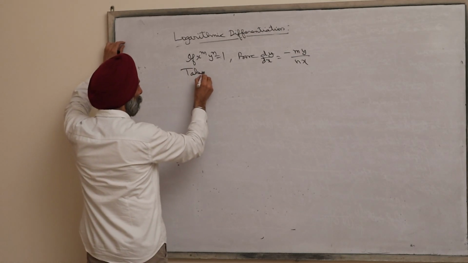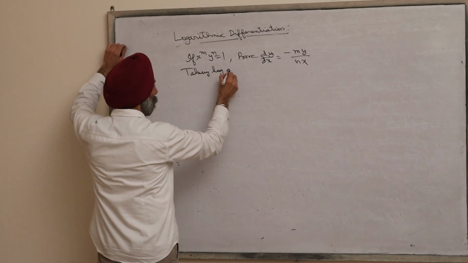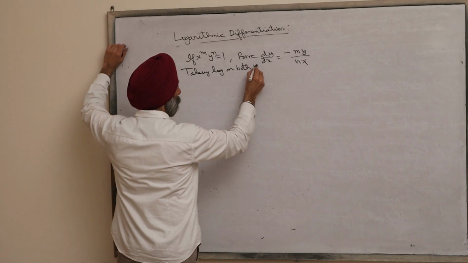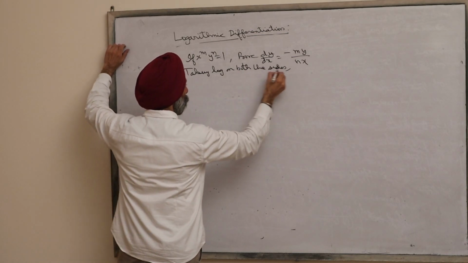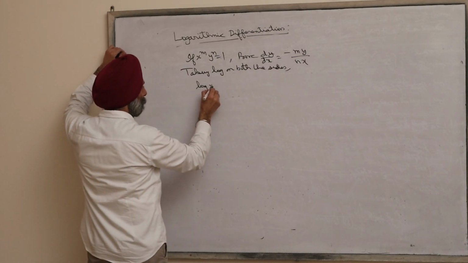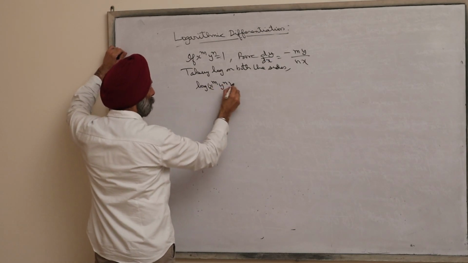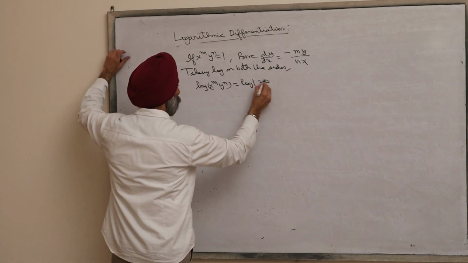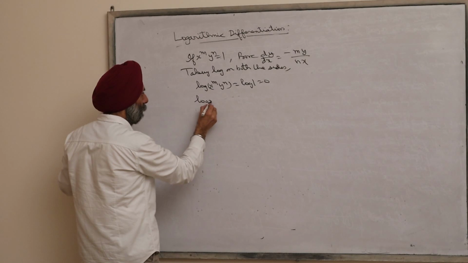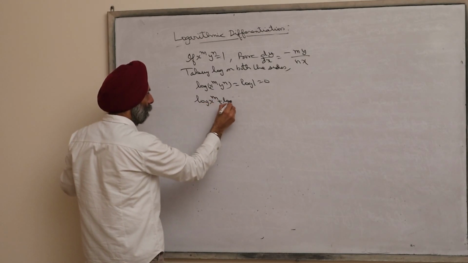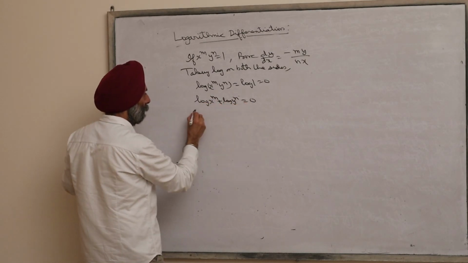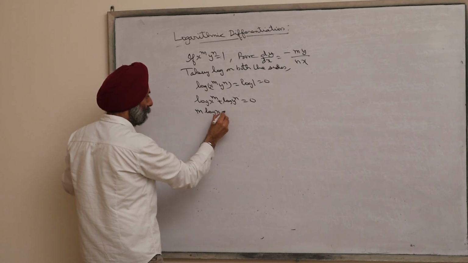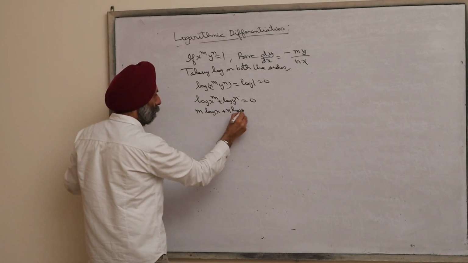So taking log on both the sides, we have log of x raised to power m into y raised to power n is equal to log 1, which is your 0. So it is log of x raised to power m plus log of y raised to power n is equal to 0. Now m log x plus n log y is equal to 0.